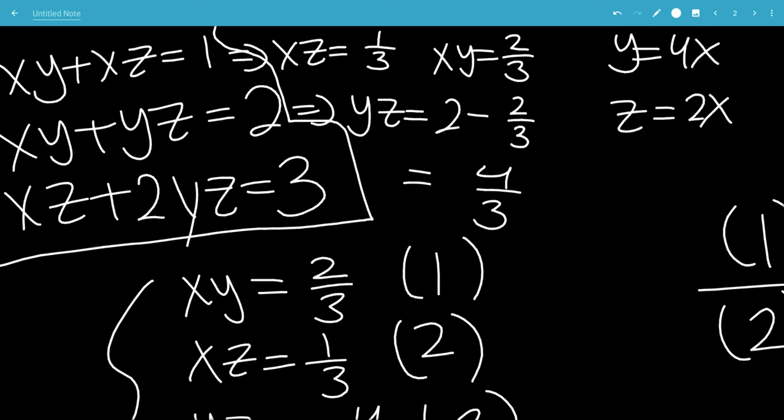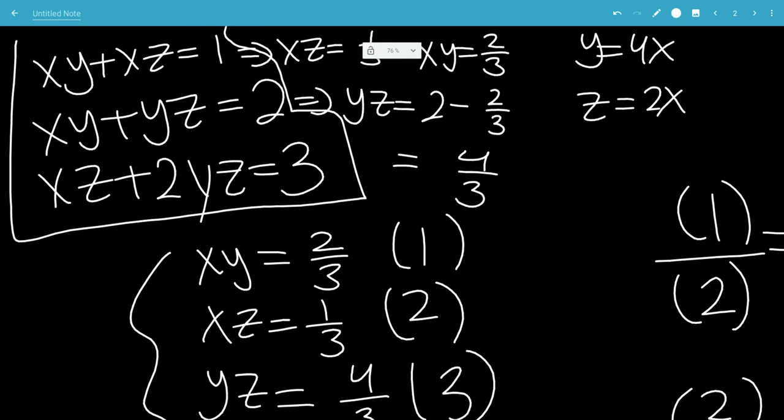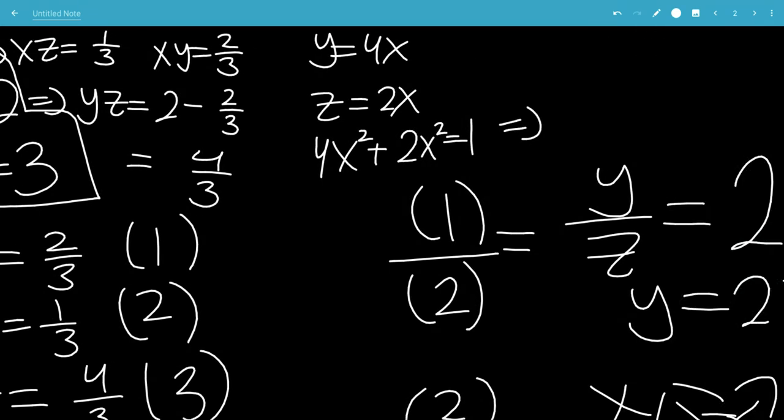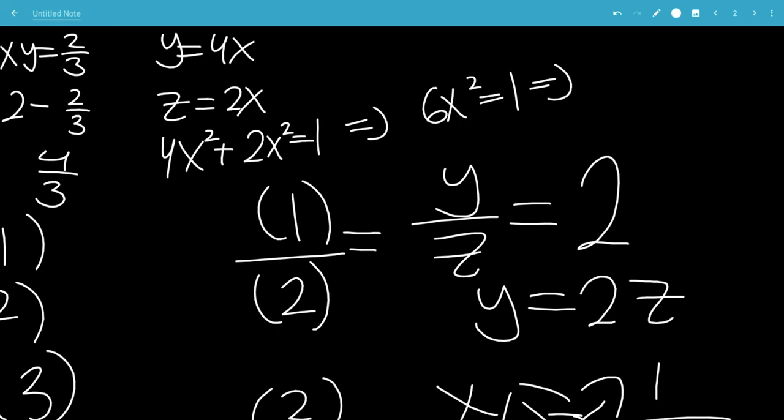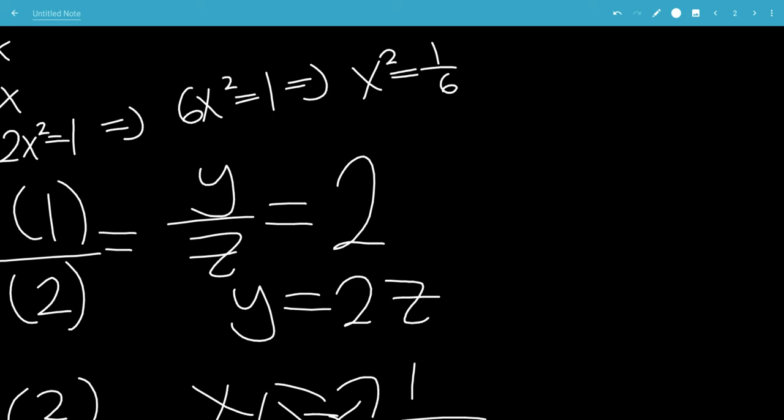So we can plug that into the original equation, leaving us with 4x squared plus 2x squared equals 1, which tells us that 6x squared equals 1, which also tells us that x squared equals 1/6. Taking plus or minus the square root, you get x equals plus or minus the square root of 1 over 6.